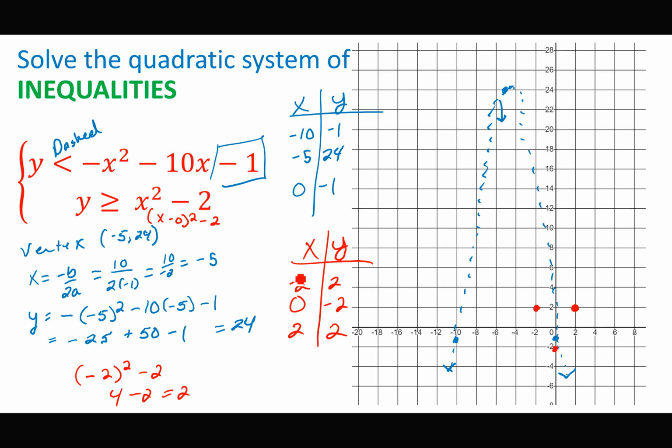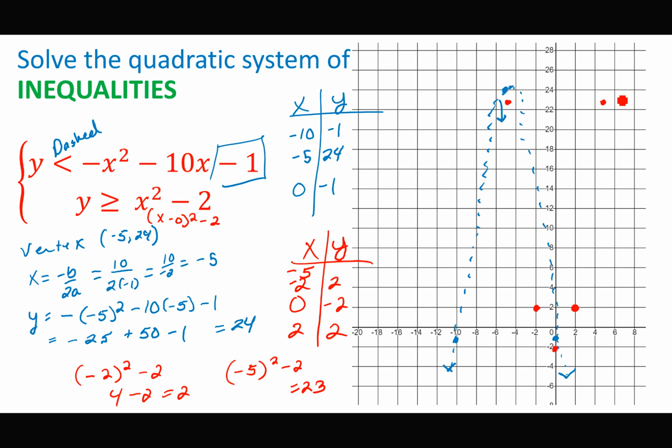And I could keep going. I could say negative 5. Negative 5 squared minus 2 would be 25 minus 2 to get 23. So at negative 5, I'm up here at 23, just below it. And then also at positive 5, I'm going to be up here at 23.